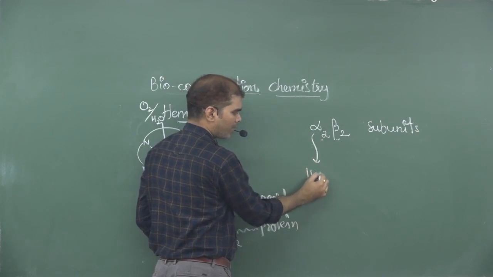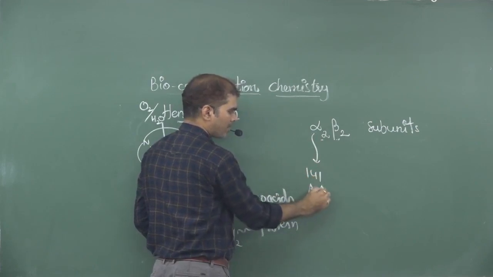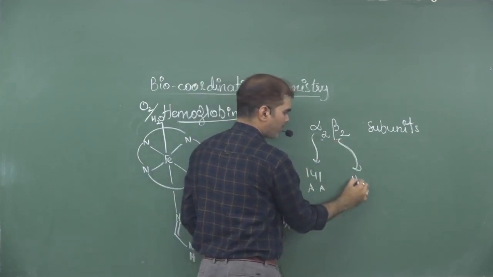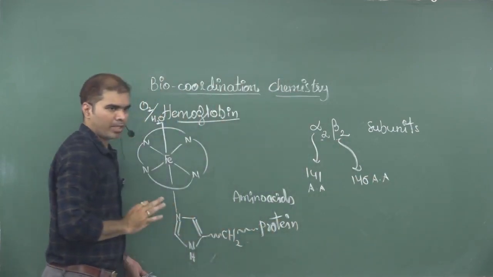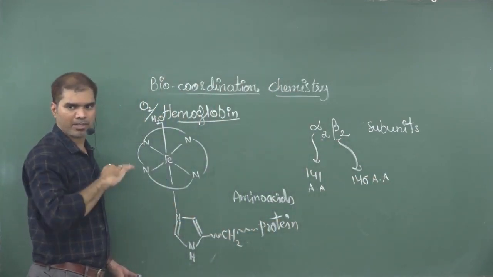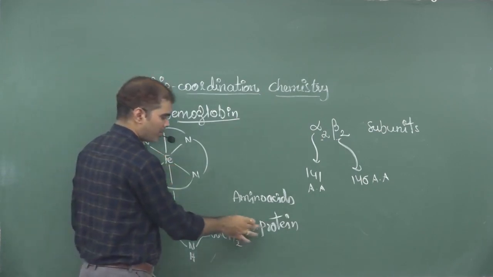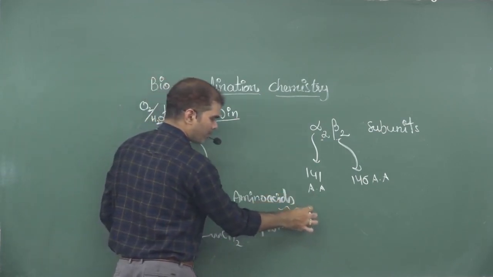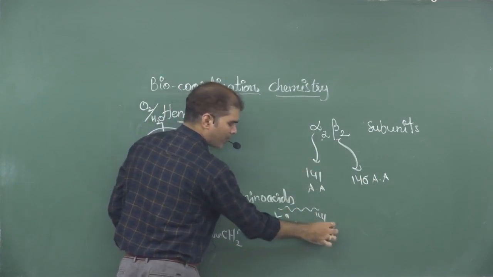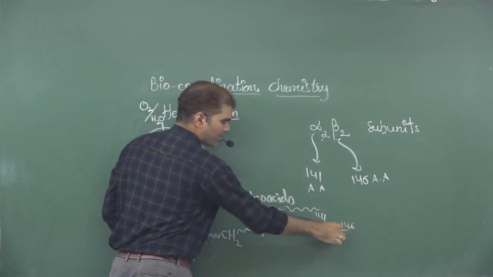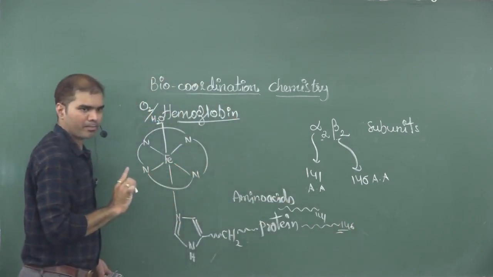Alpha will have 141 amino acids, and beta will have 146 amino acids. So what is the difference between alpha and beta? It is the number of amino acids. If this is a protein chain which has 141 amino acids, I call it alpha; beta will have 146 amino acids, 5 more than alpha.